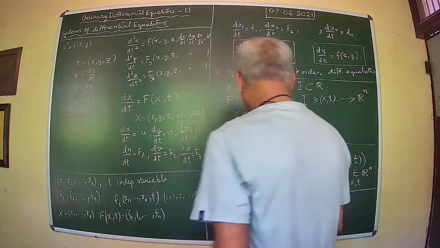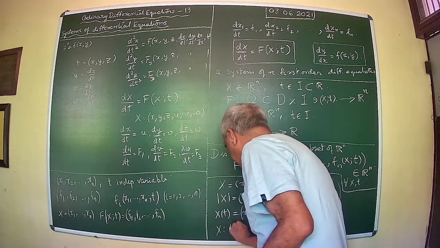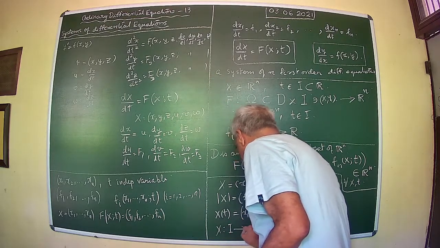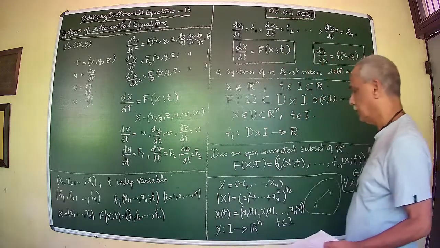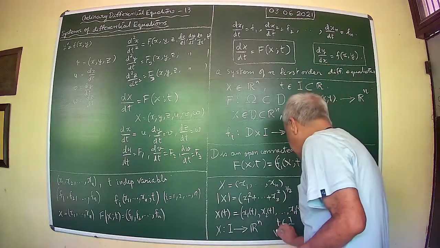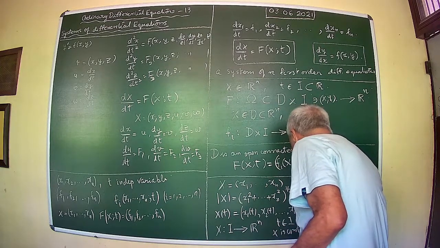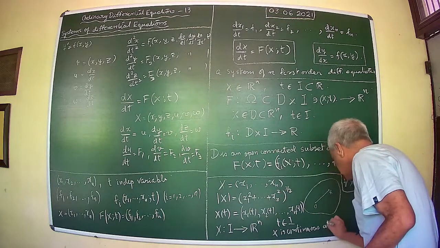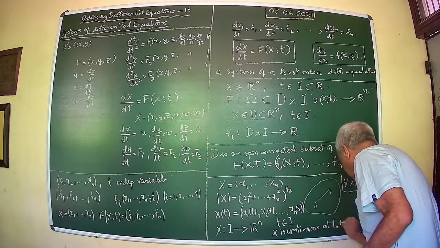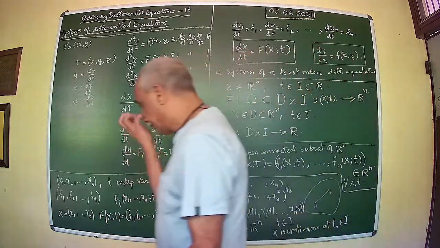Now we say that x is a map from I to Rn. Now we say that x is continuous at t naught belonging to I. This is the usual definition. What is the usual definition?